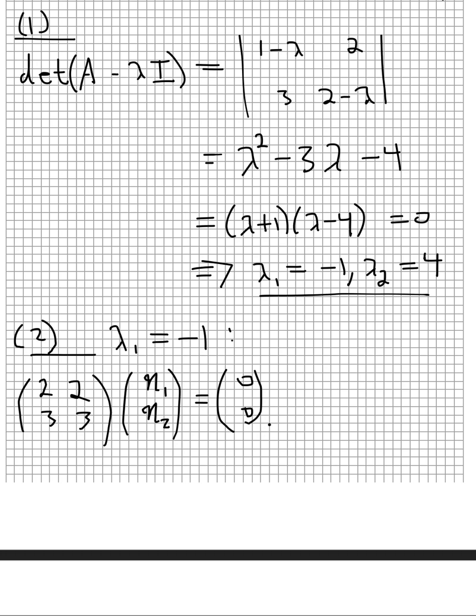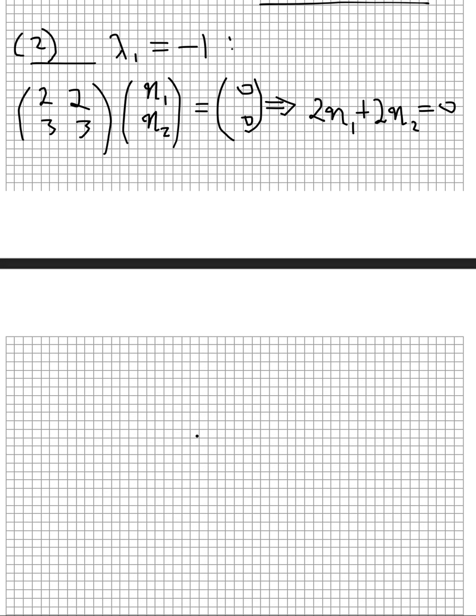This implies 2 times nu 1, or the first element of the eigenvector, plus 2 times nu 2 is set equal to 0. And this implies that nu 1 is equal to negative nu 2, just by solving that.